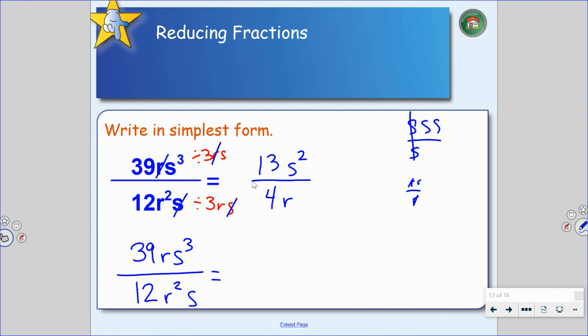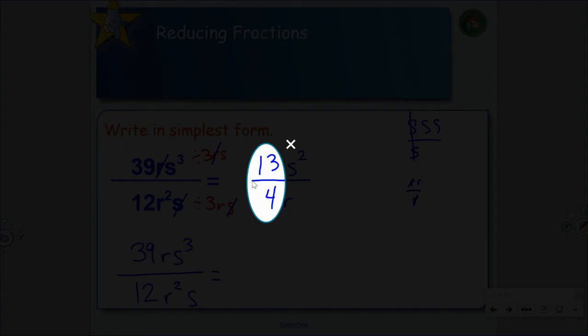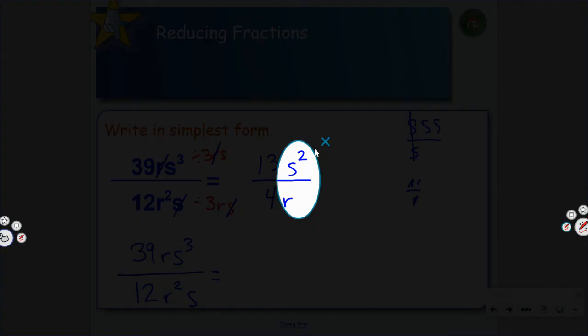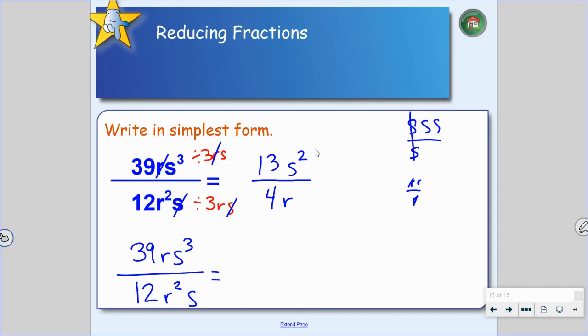Now, I always look at the end. Is there any other way that we can reduce? Can anything else go into 13 and 4 other than 1? The answer is no. Do both denominator and numerator share any variables? No, there's only S's in the top, only R's down below. So therefore, that is our simplified fraction.